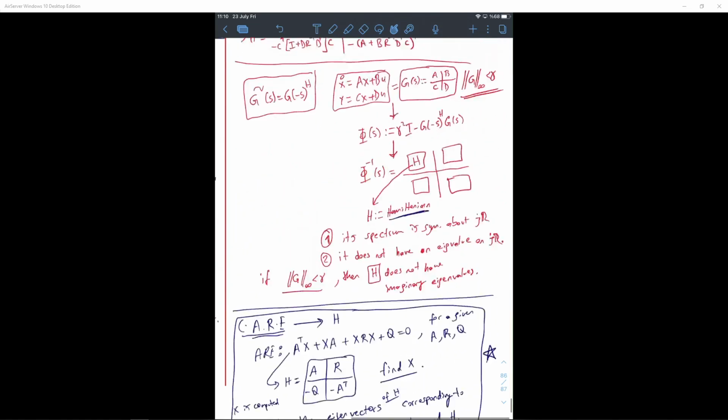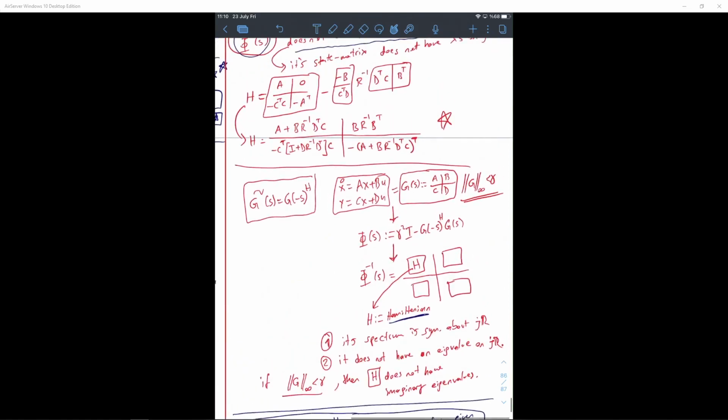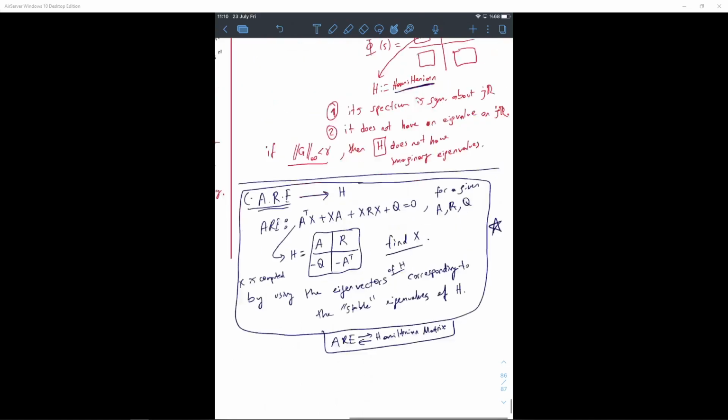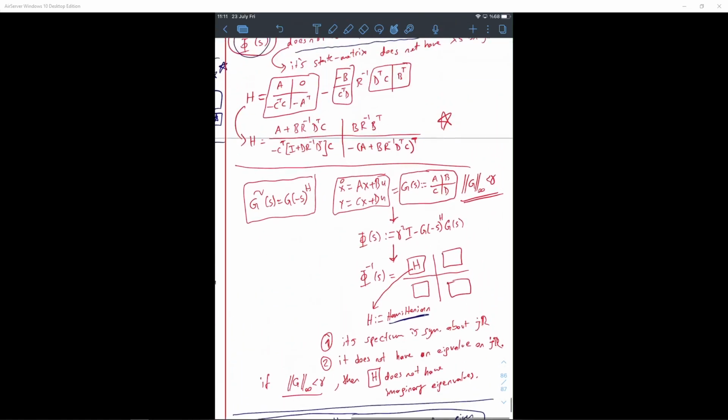What was our Hamiltonian? Let's copy this. I make this mistake all the time.